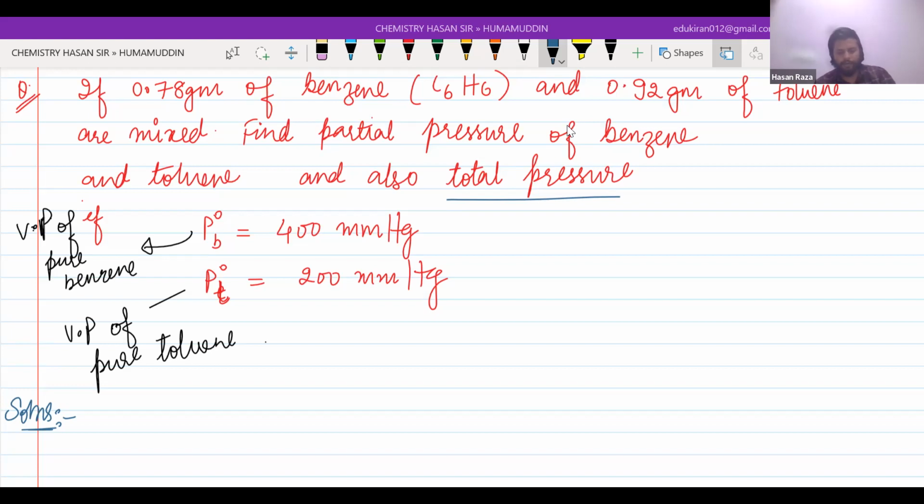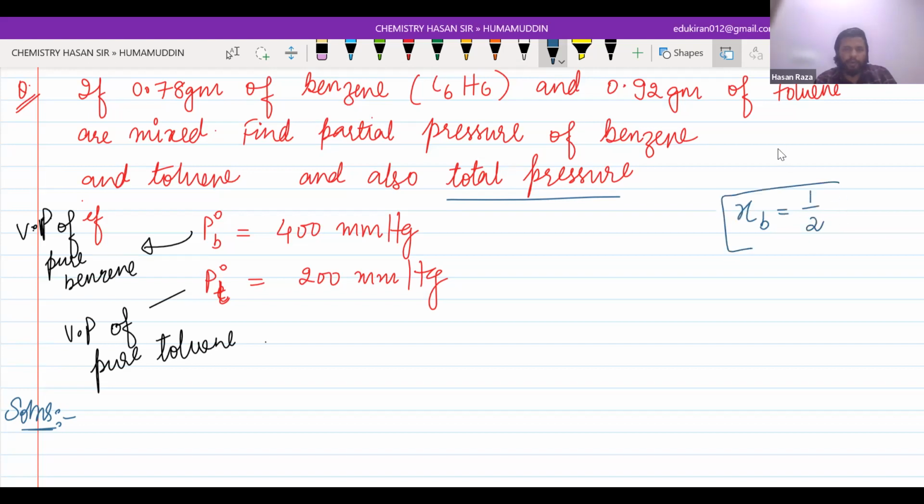Let me know. What is the mole fraction of benzene? 0.52.